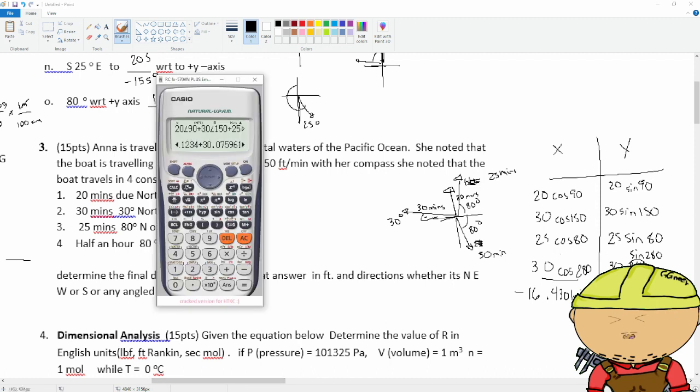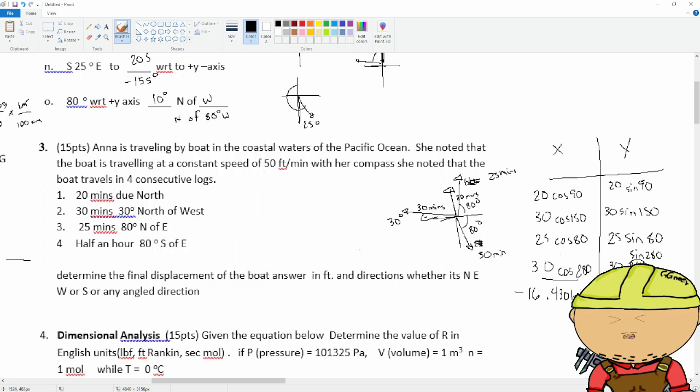Okay, I'm gonna check if my answer is correct on computation mode. 20 cosine 90 plus 30 cosine 150 plus 25 cosine 80 plus 30 cosine 280.